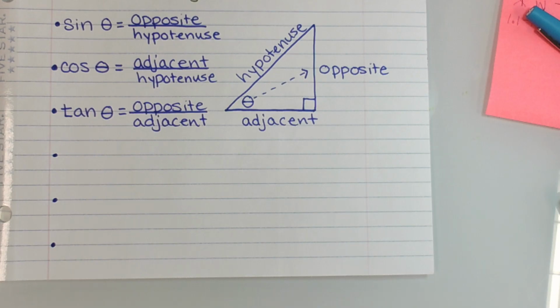I'm hearing some little whispers, but I have no earthly idea what any of them are actually saying. Adjacent over opposite. That's one of them. Hypotenuse over opposite and hypotenuse over adjacent. Those are the other three trig ratios.